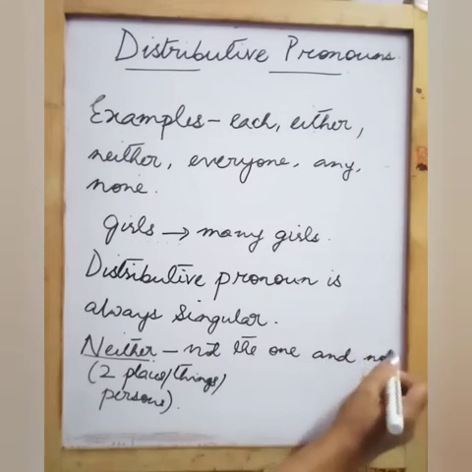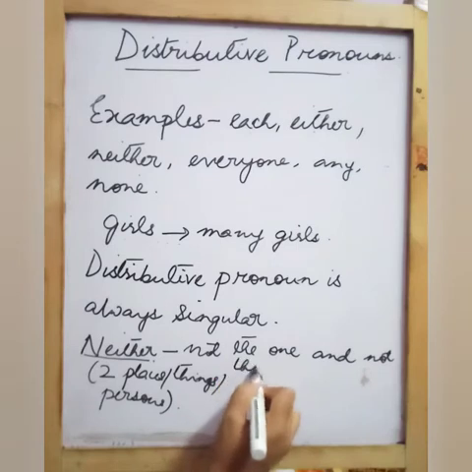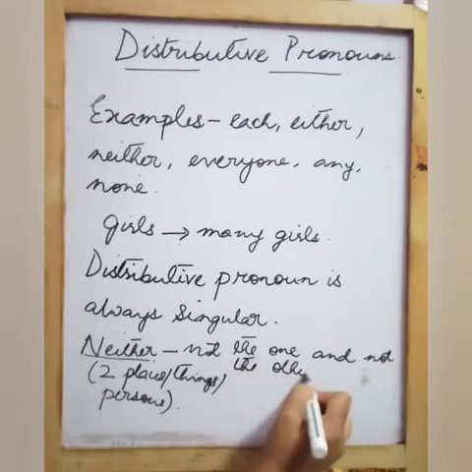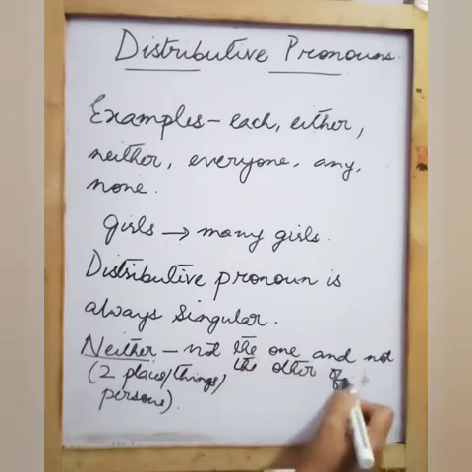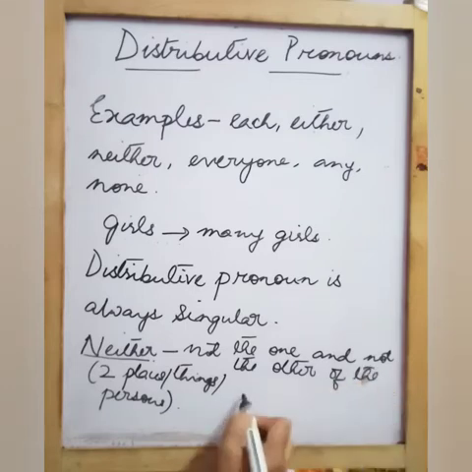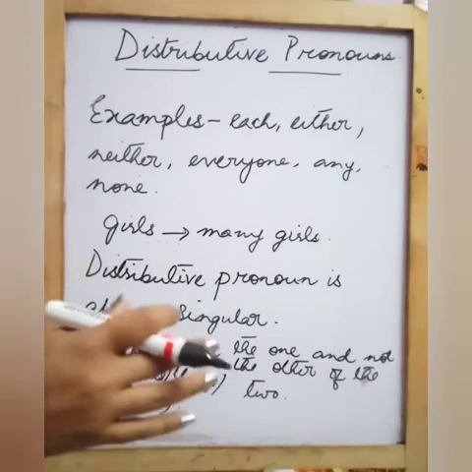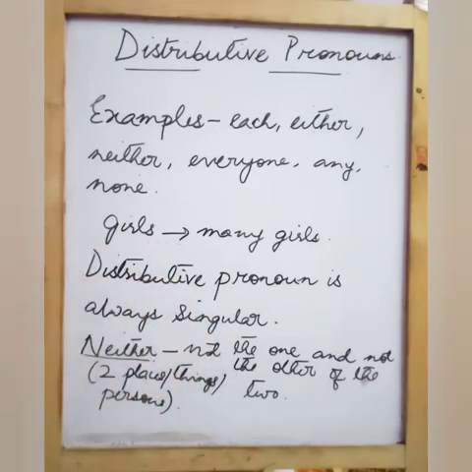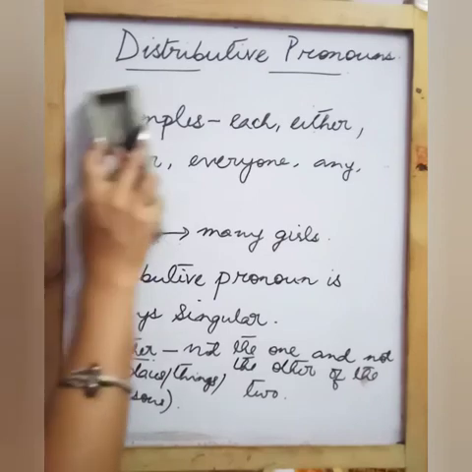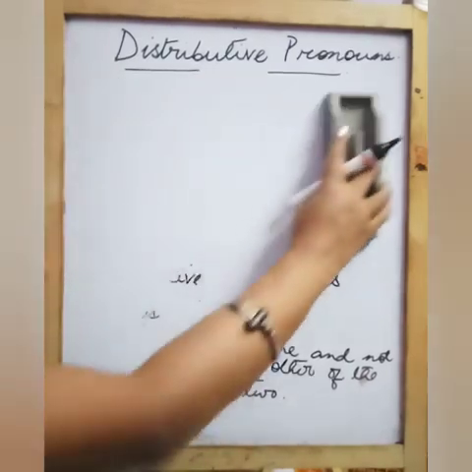Alright, neither is always negative in nature. When we are saying not this one, not that one, means we don't accept any of them. Okay, I'll explain it further, it will become clear to you.